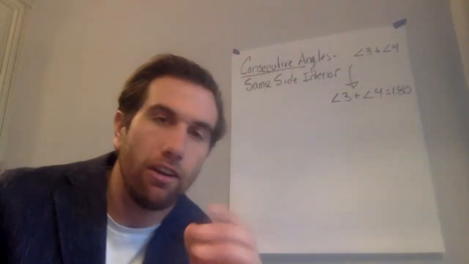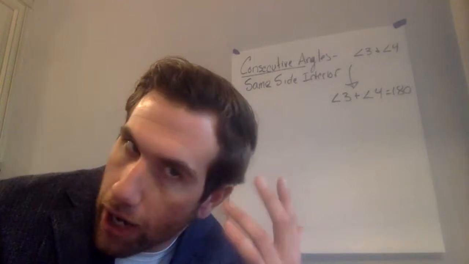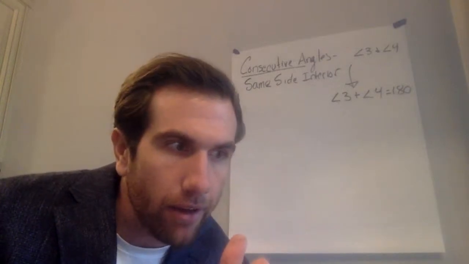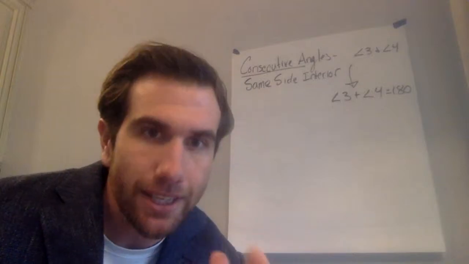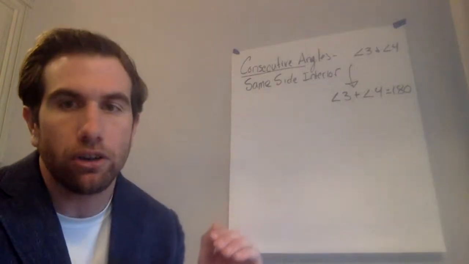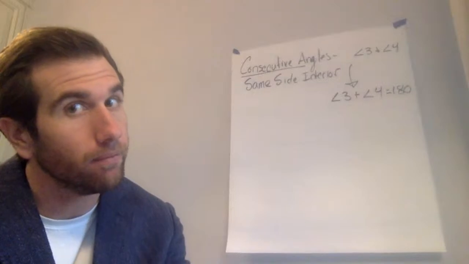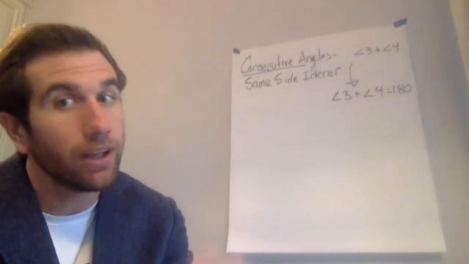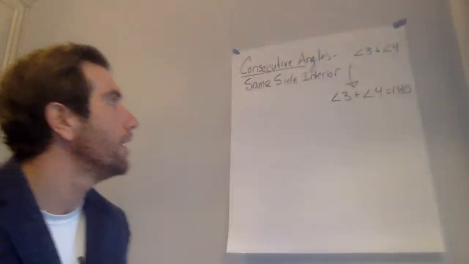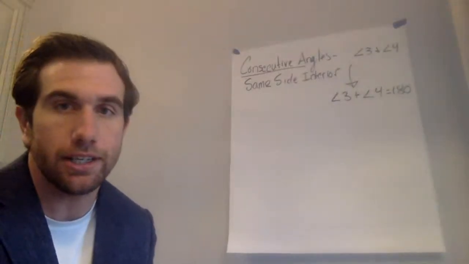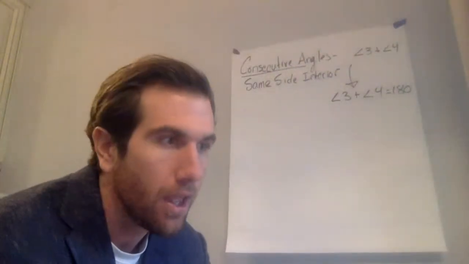So here's a quick thing you can do in your head right now. Say angle 3 measures 60 degrees. What will be the measure of angle 4? Very good, Diana. 120 degrees. Good job. Because 120 plus 60 is a total of what? 180. So good job.